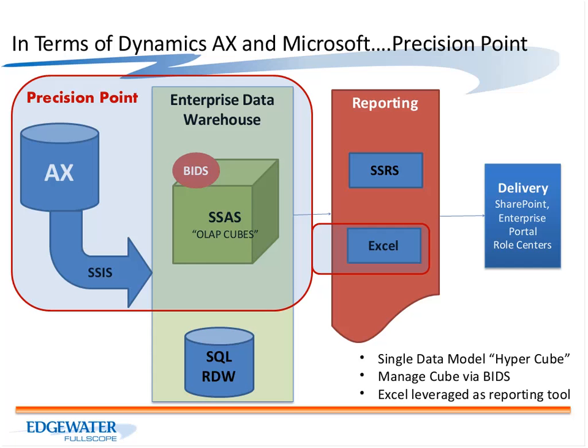Some people might say that 20 cubes is complex because it's 20 cubes. There are pros and cons of having one big cube versus lots of different cubes, and that's something you should consider as you walk down this path. Do you believe in more of the hypercube approach or the multi-cube approach? Precision Point is more of a hypercube.